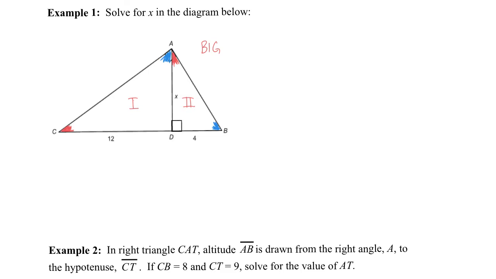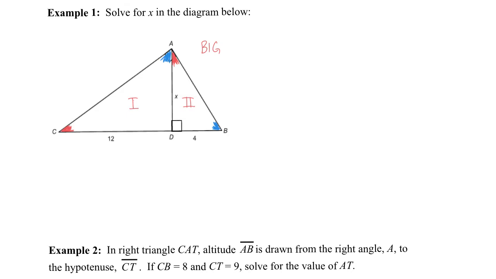So once you color in your angles, the next step is to realize that when you're doing these problems, you're only going to deal with 2 out of the 3 triangles. You're not going to deal with 1, 2, and big all in the same problem. So in order to figure out exactly which triangles you're working with, you want to look for the shared side.